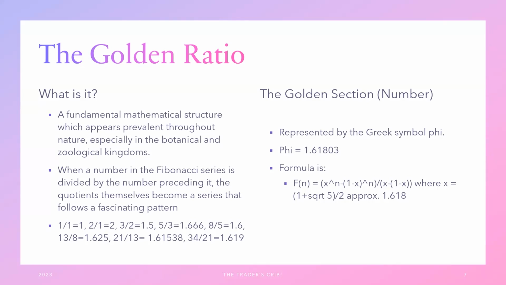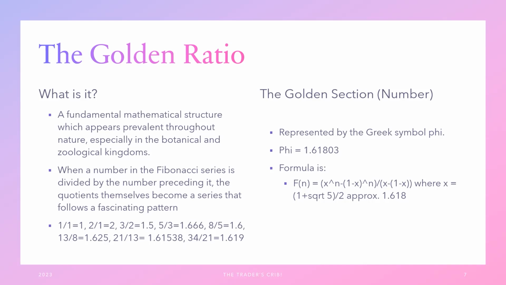When a number in the Fibonacci sequence is divided by the number preceding it, the quotients, which means the answers of a divided math problem, okay, for people who have not heard the word quotients in a while, the quotients themselves become a series that follows a fascinating pattern.